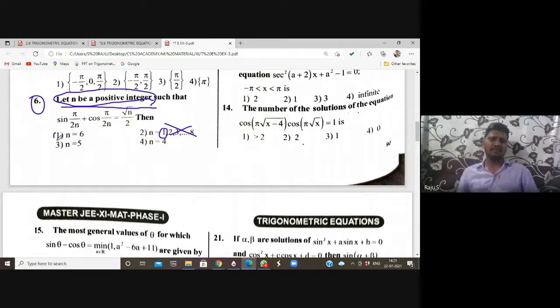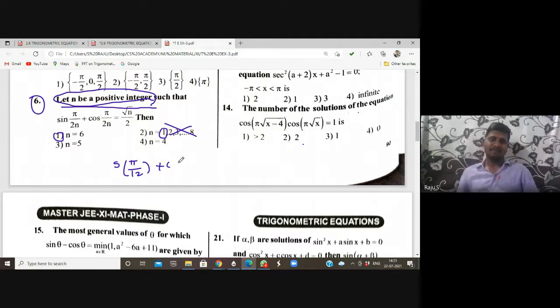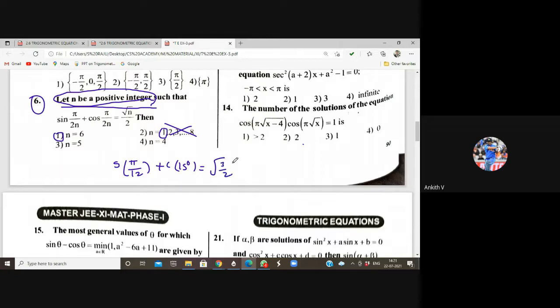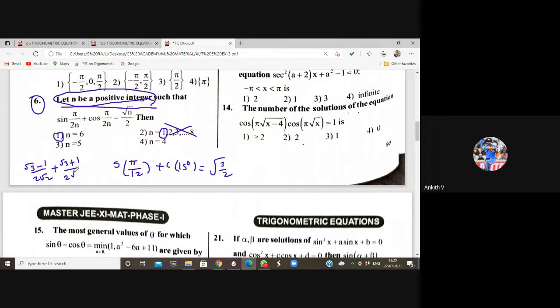Now coming to the first option, n is equal to 6. Sine pi by 12. Pi by 12 is nothing but sine 15. What is sine 15? What is cos 15? Root 3 minus 1 by 2 root 2, plus root 3 plus 1 by 2 root 2.